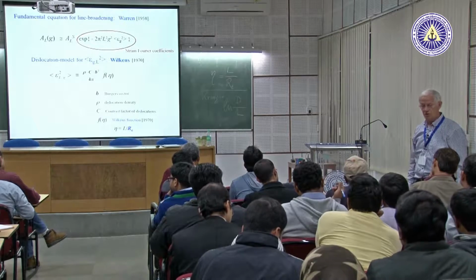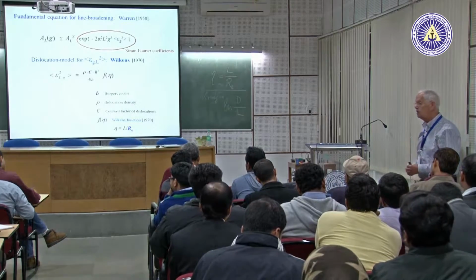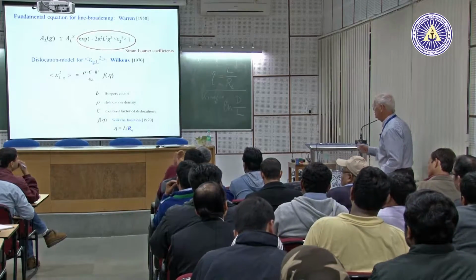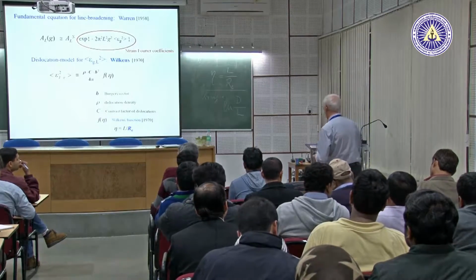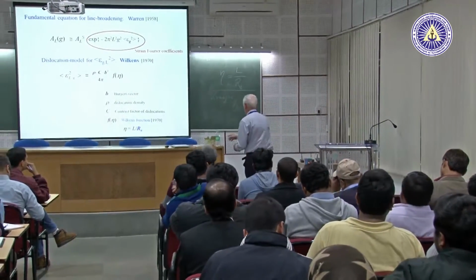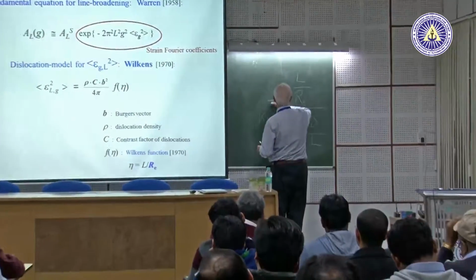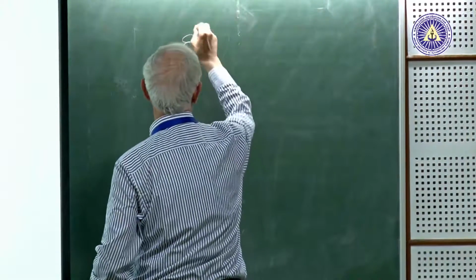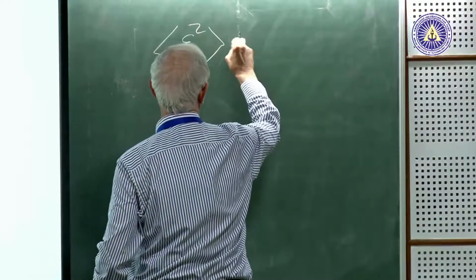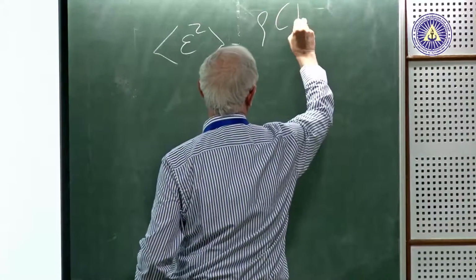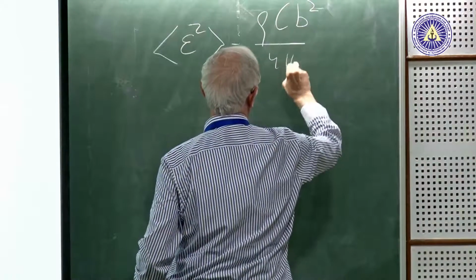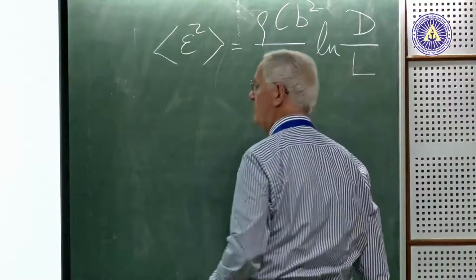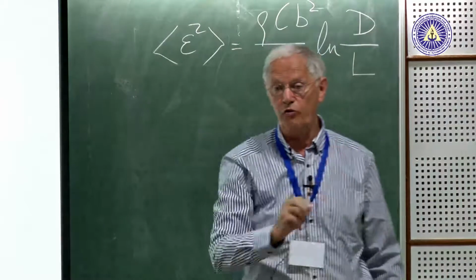It's a logarithmic singularity. I'm saying that theoretically, if you write the Krivoglass formula, it looks like that: epsilon square average equals rho c b square over 4 pi ln d over L. That you find in the book of Krivoglass.